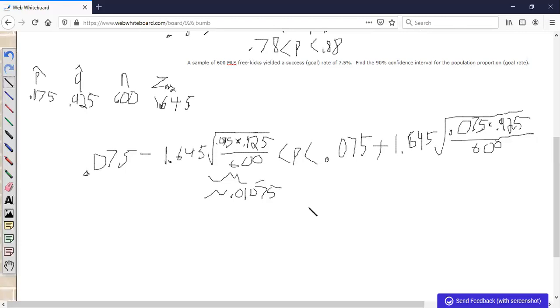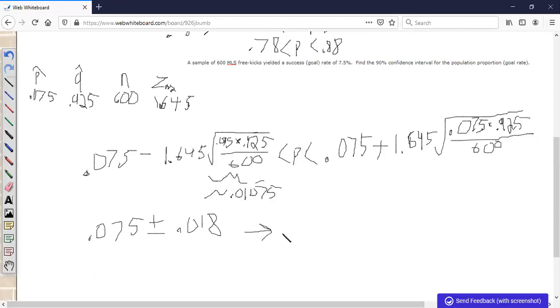Yep. So what we end up getting here is 0.075 plus or minus 0.018. Please try not to write the whole plus or minus thing. This is okay. I'm just doing it to save time and space because I think you can tell this is brutal enough.